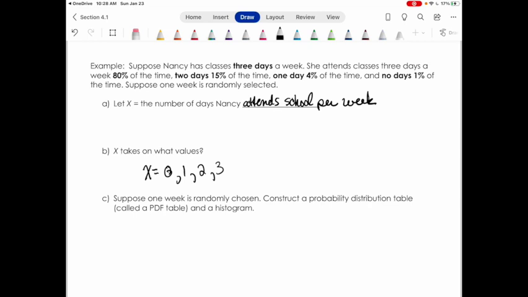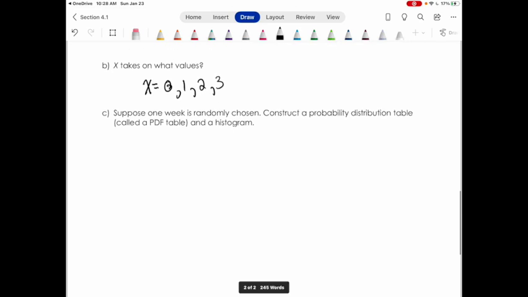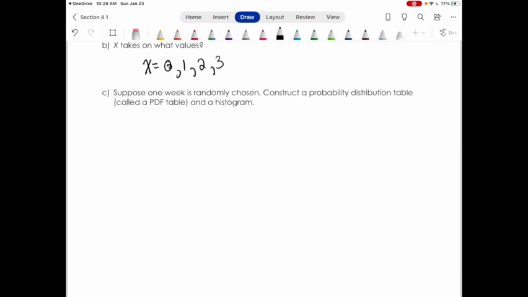Because it says in the question that she has classes 3 days a week. So if she attends every class, that would be 3 times a week, or it could go down to 2, 1, or 0.